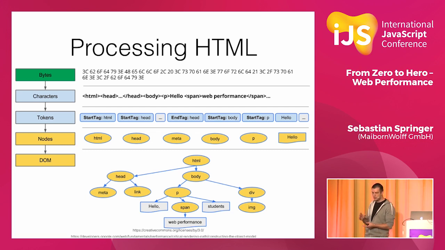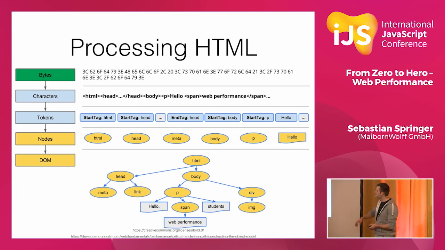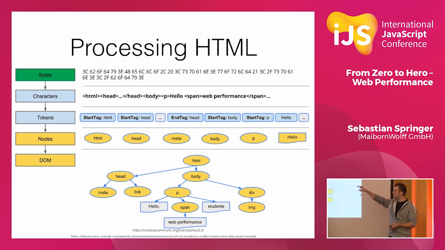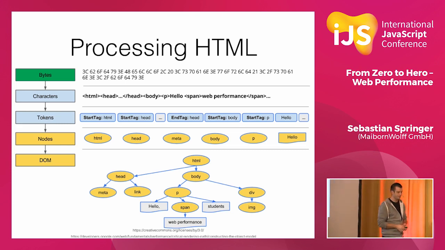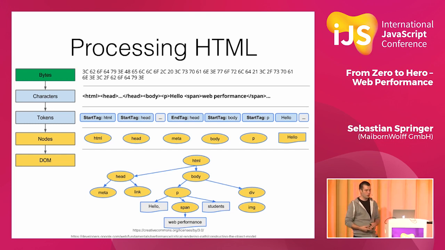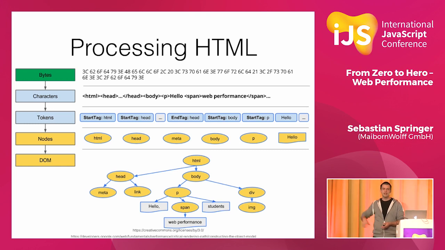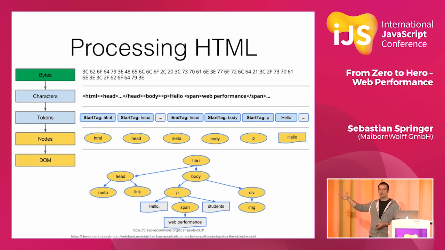And that's the structure we interact with in our JavaScript. So if you want to insert a new element in your page, you go into that DOM and insert somewhere a new node. Or you read some properties, or you remove nodes, or you pick a subtree and put it somewhere else. This is the structure you're working with.